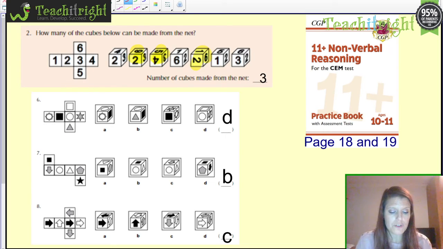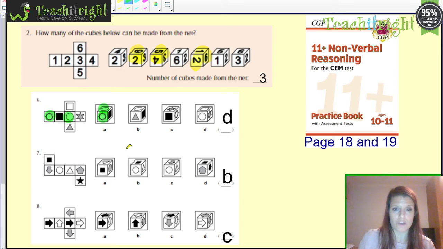So option A can't be, because the 8-pointed star, that's this one here, and the circle must be on opposite sides. And you can see here, they're next to each other. And they shouldn't be, because they're a pair.